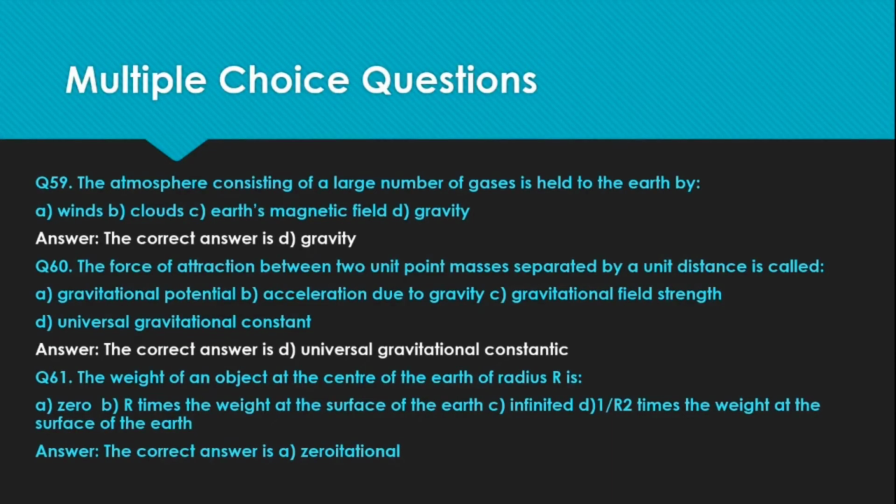The weight of an object at the center of the earth of radius r is a) 0, b) r times the weight at the surface of the earth, c) infinite, d) 1 by r square times the weight at the surface of the earth. So the correct answer will be A, 0, because the gravitational force at the center of the earth is 0. So whatever the mass of the object, it will be multiplied by 0, and so the weight of any object at the center of the earth will be 0.